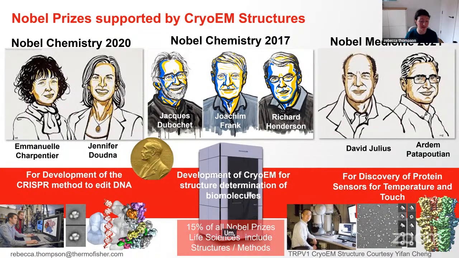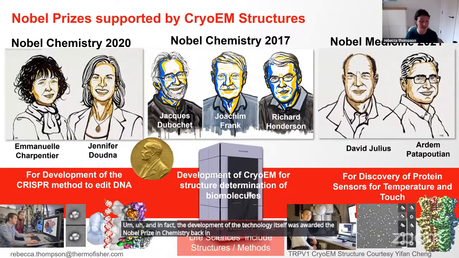In fact, the development of the technology itself was awarded the Nobel Prize in chemistry back in 2017. And then recently, two subsequent Nobel Prizes have been supported by the kinds of data, the kinds of structures, which you can bring out of a cryo-electron microscope.